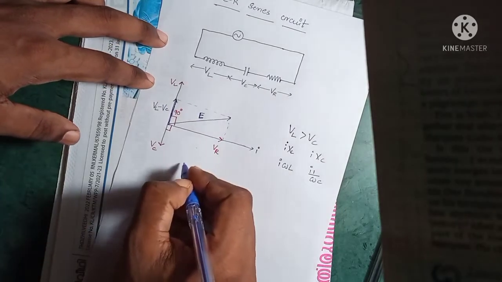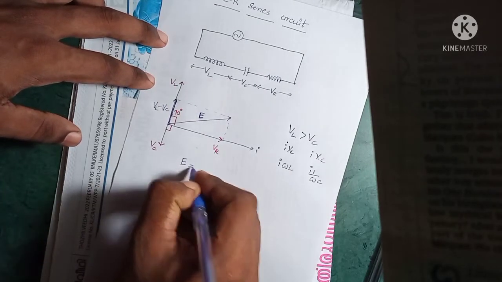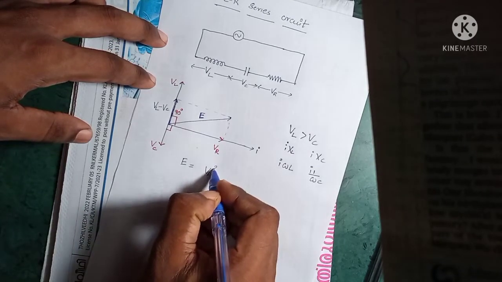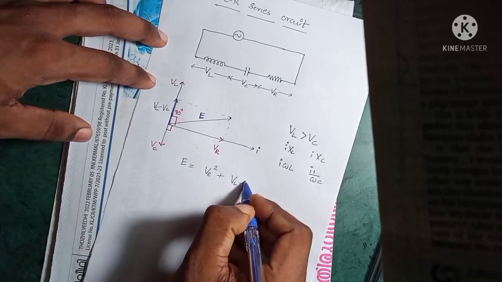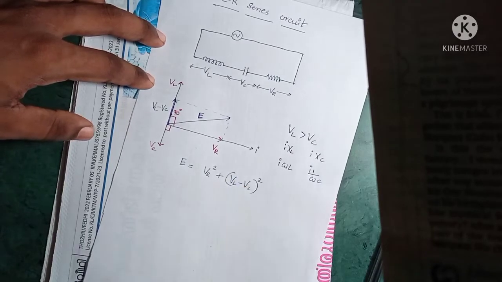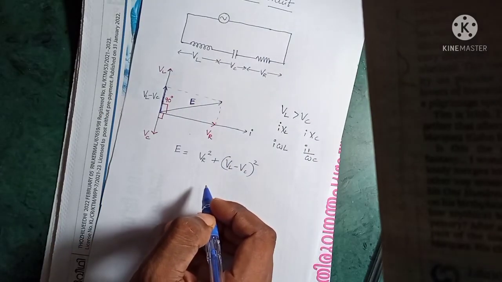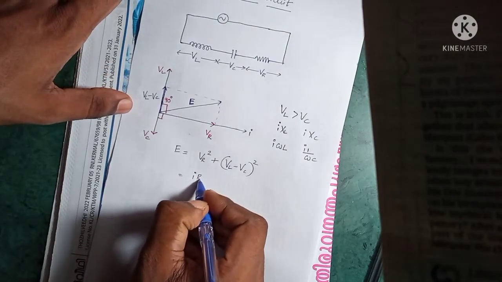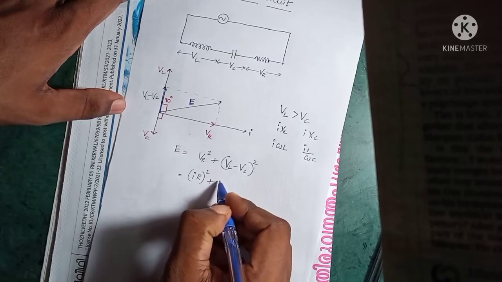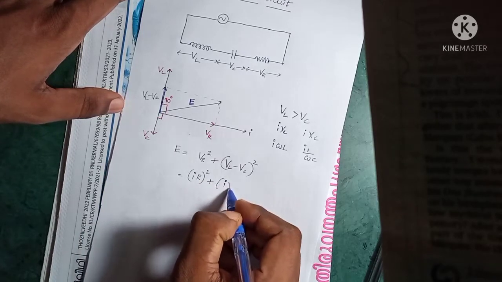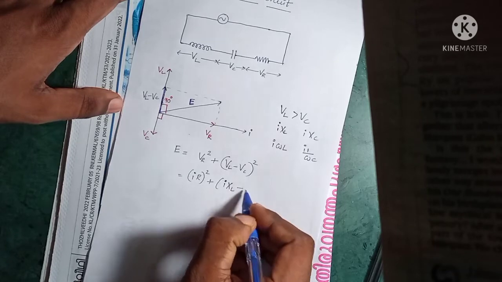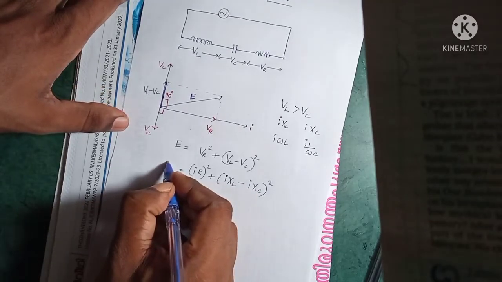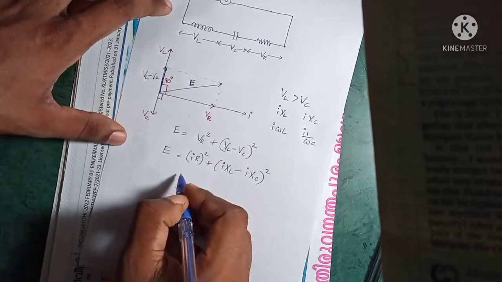So this is the EMF E, the resultant EMF E. It can be represented by E squared equals VR squared plus VL minus VC squared. And again VR is given by I into R, so E squared equals (I R) squared plus (I XL minus I XC) squared.